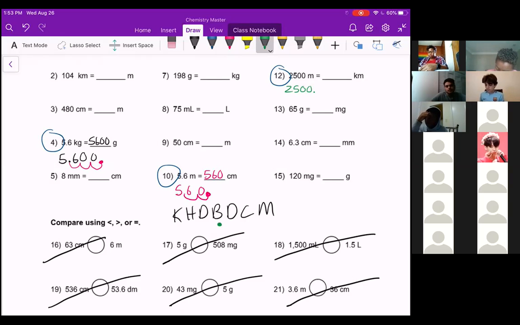The first box. Yep, K. Very nice. 1, 2, 3, so 3 places. This time we're going to the left. So 1, 2, 3 places to the left right here. So that is 2.5. Very nice.